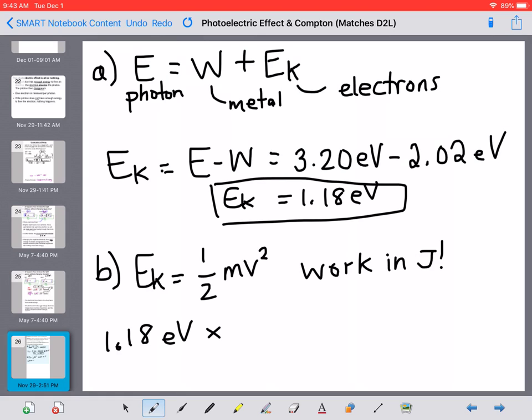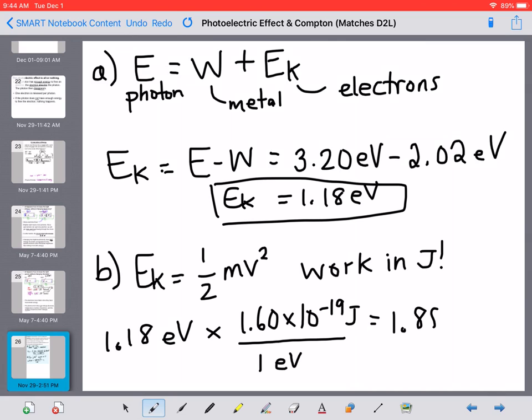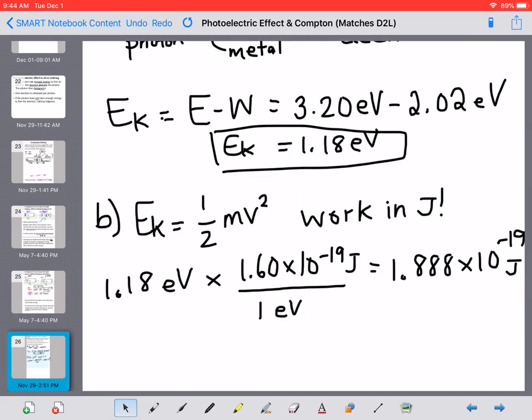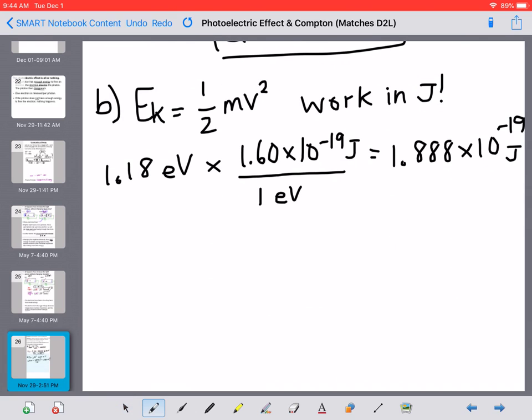If you look on your formula sheet, you're going to find that in every 1 electron volt, there's 1.60 times 10 to the negative 19 joules. If we do that calculation, we find that the kinetic energy in joules is 1.888 times 10 to the negative 19 joules.